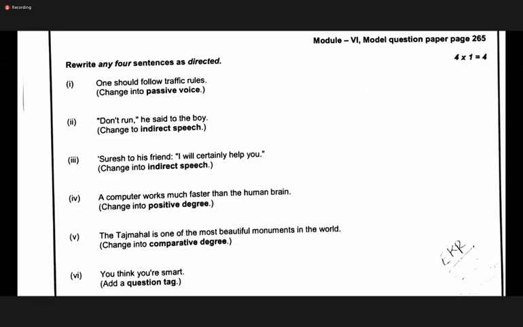The boy said that don't run. First tell me the type of sentence that is there within the inverted commas. What type of sentence is it?